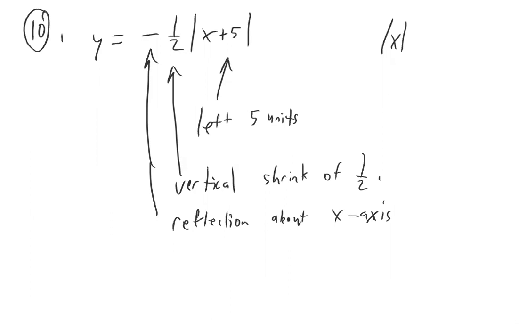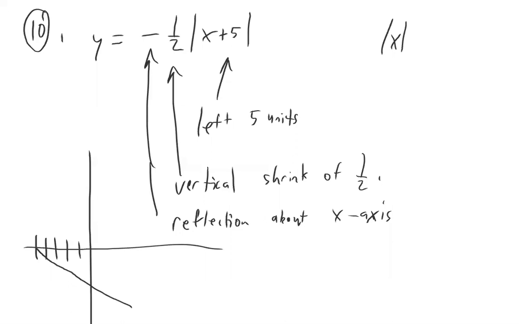Let me show you how it looks really quick. If I draw a graph of it, it'll be left 5 units, 1, 2, 3, 4, 5. It'll be shrunken to be 1/2 times as tall, which will make it look kind of wide. And then it'll be opening downwards, like that. That's the way that it'll look.